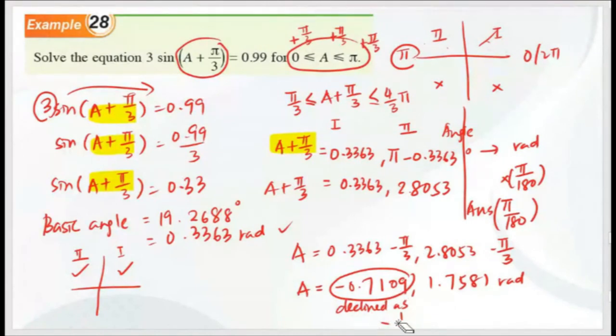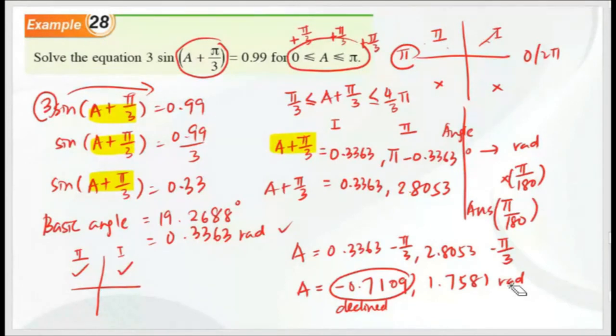If you try using the calculator to press shift sine, negative 0.7109 radian. This is the radian angle.